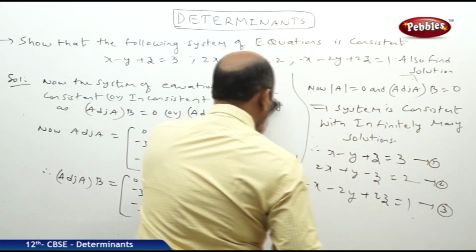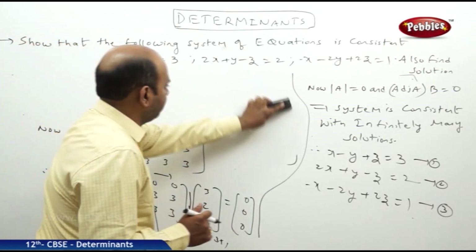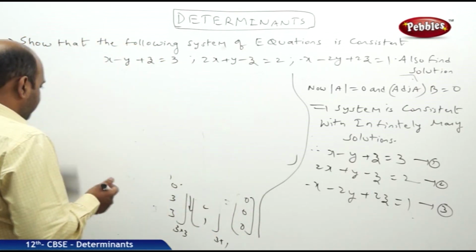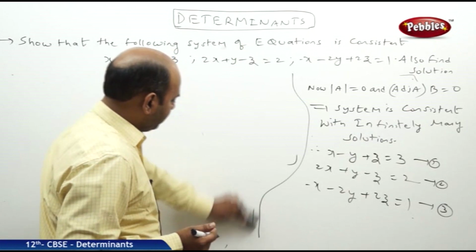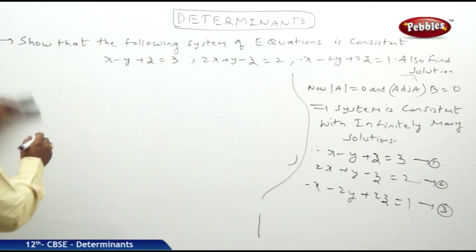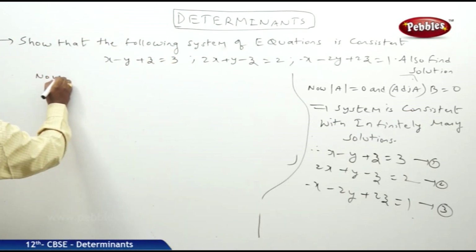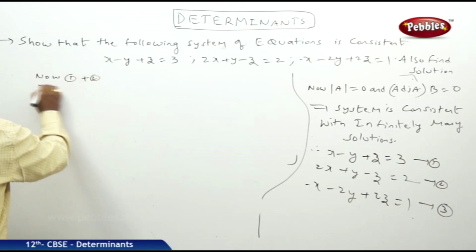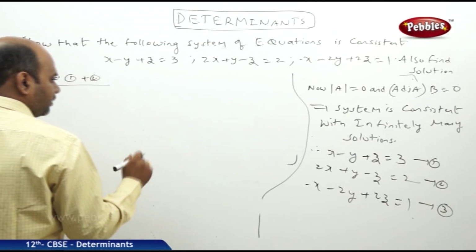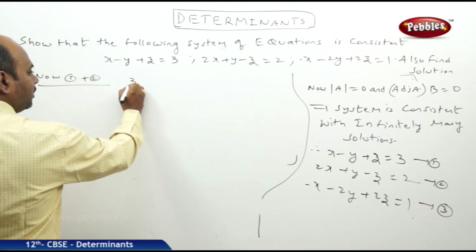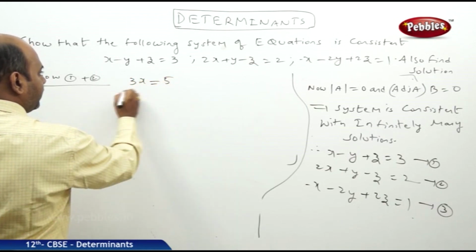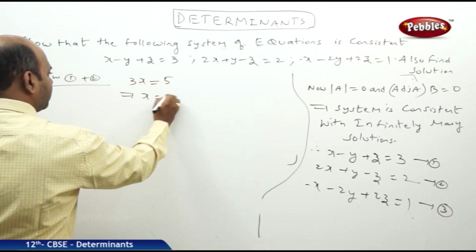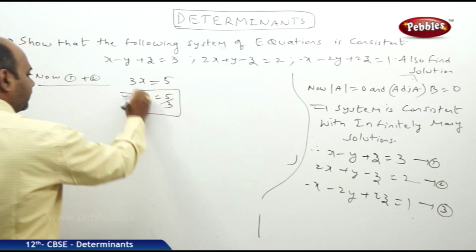So now I will add 1 plus 2. I think y is getting cancelled and z is also getting cancelled. So y and z cancelling, 3x is equal to 5 I obtain. So x is equal to 5 by 3.